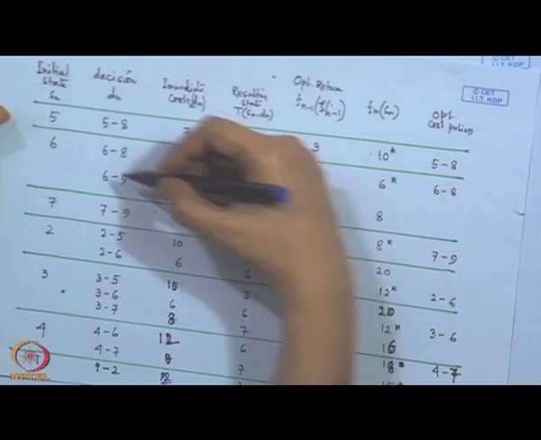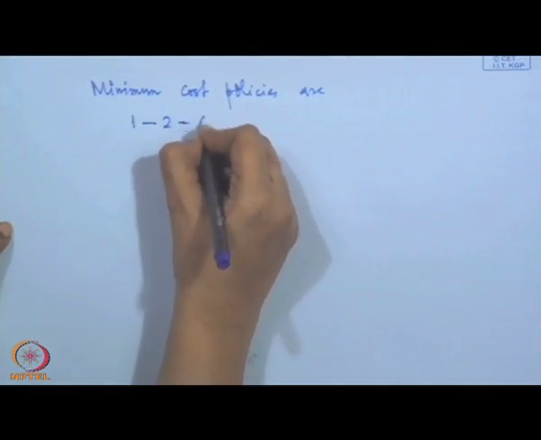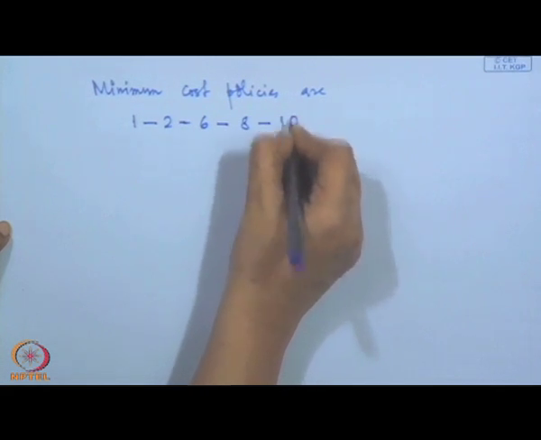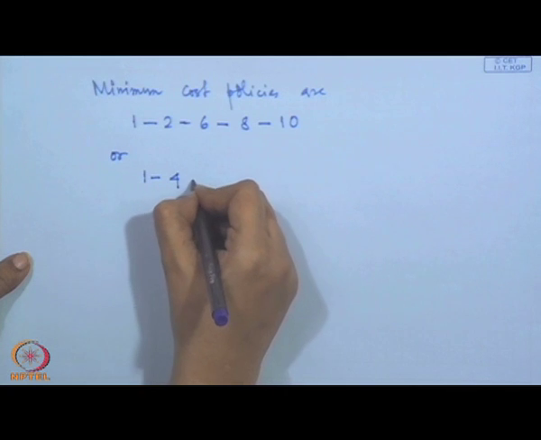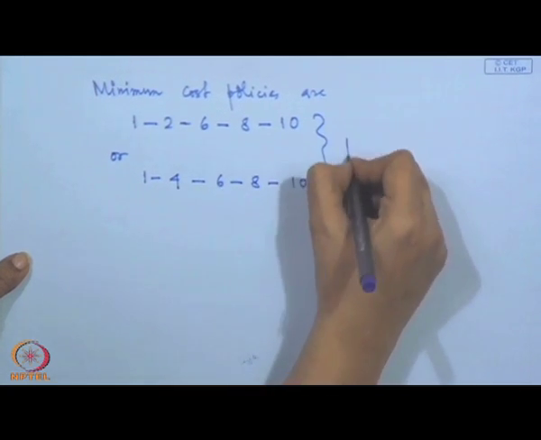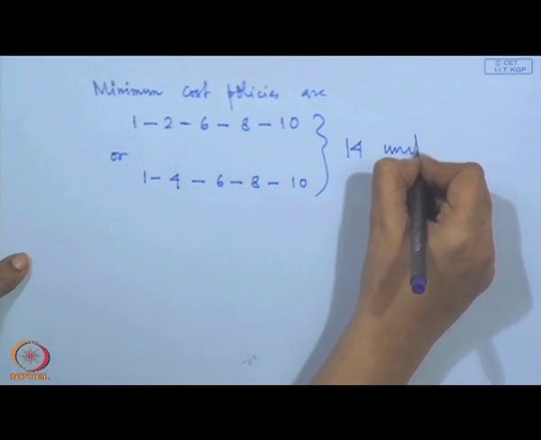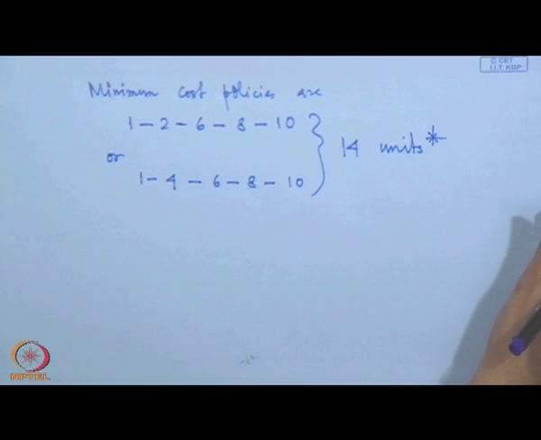In this way we can get the whole path, and this is the path for us: 1 to 6 to 8 to 10. There is another alternative path also: we can move 1 to 4 to 6 to 8 to 10. For both cases we need to incur 14 units, and that is the optimal solution as a whole for this problem. Now, that is all about the dynamic programming problem.